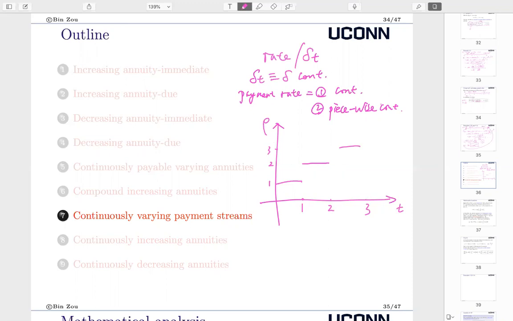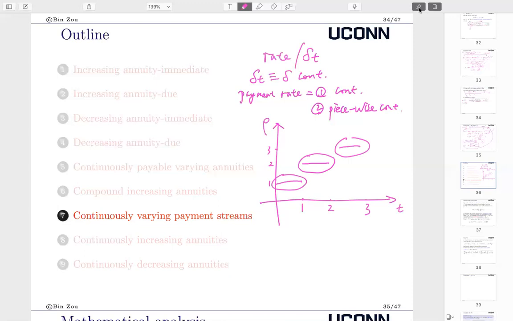It is not a constant, obviously, but we can call this type of function a piecewise constant function. For this particular piece, it is a constant at 1. Then for the next year, it is another constant at 2. For the third year, it is yet another constant, but now at 3.